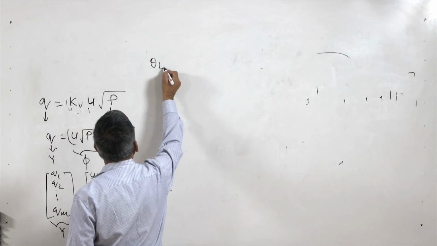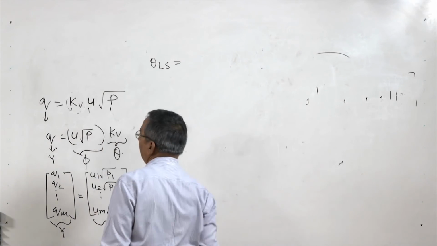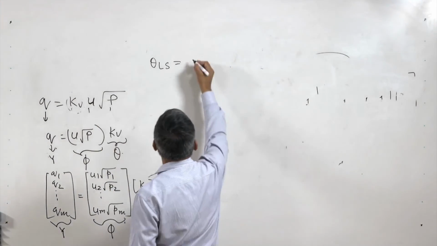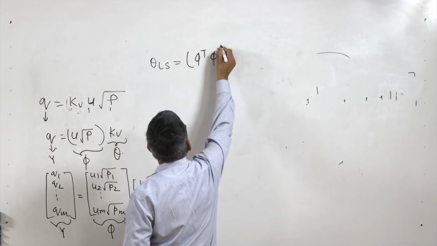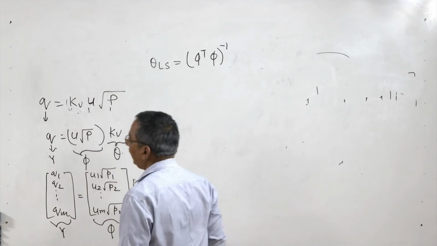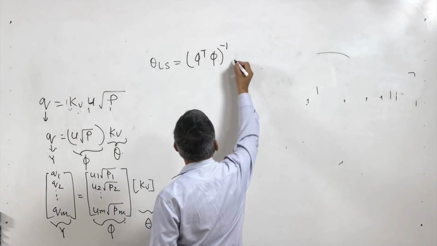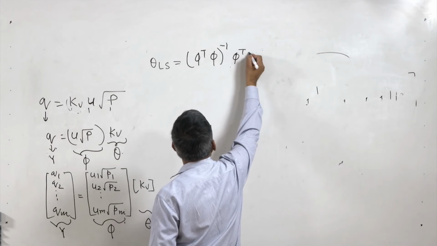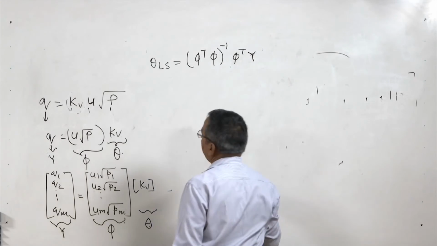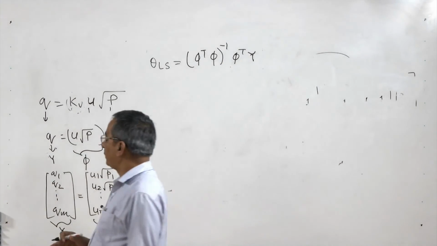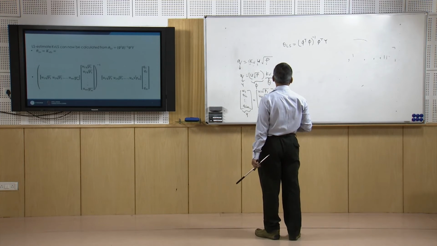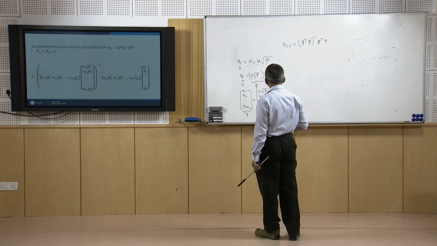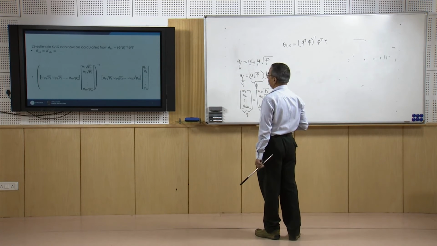The unknown value, least square, as we have evaluated, was phi transpose phi whole inverse into phi transpose y. So we can substitute these expressions here and then we can get the theta least square.